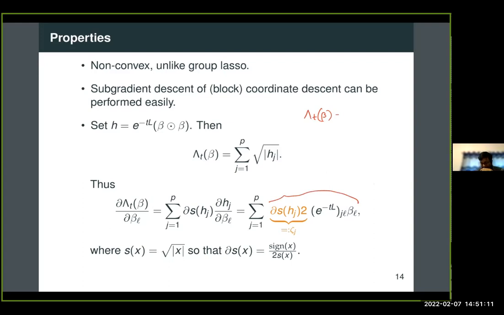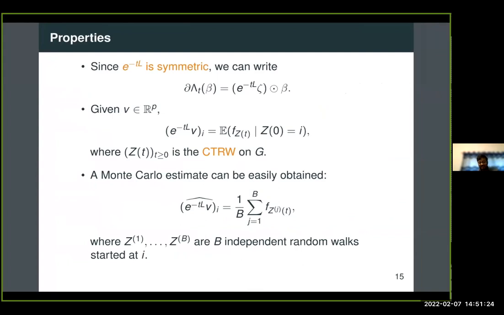If I denote h_j gradient times 2 by zeta, then the whole thing can be very succinctly written as this. So you're applying a heat flow on this zeta vector, and then taking the Hadamard product with the beta vector.